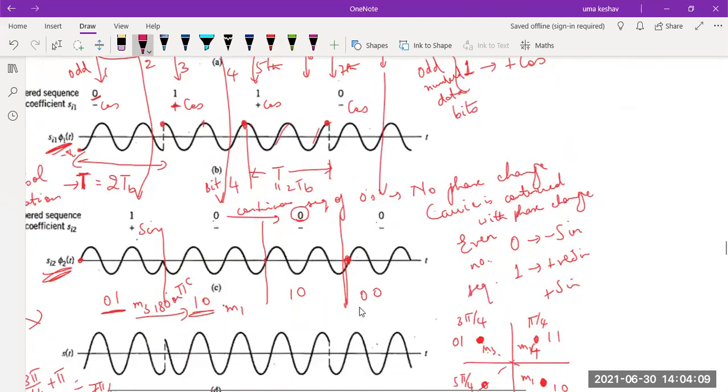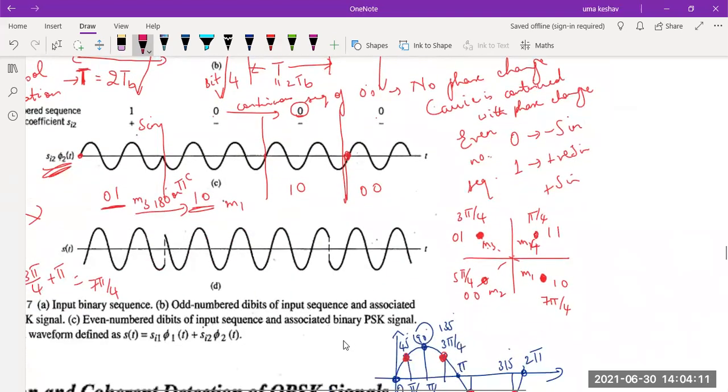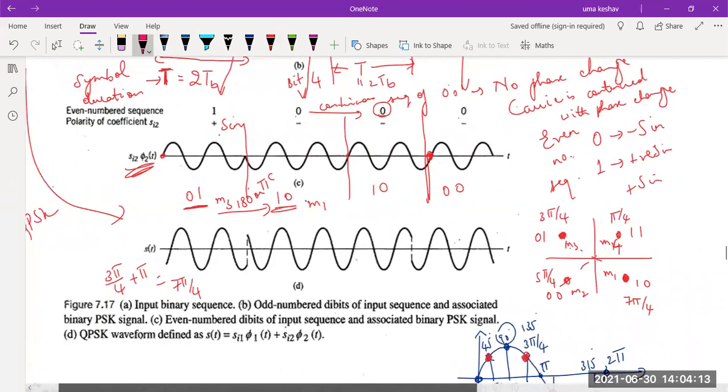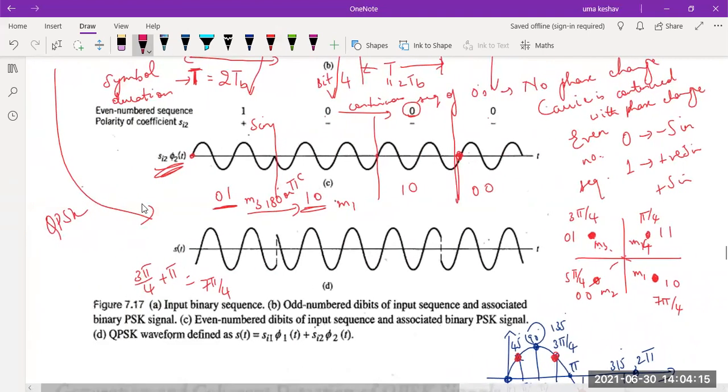So now again, we'll come back to this waveform and try to complete it. As I was telling you, for the first case, to represent 0, 1, I should write a carrier waveform which has the phase 7 pi by 4. That means it is 315 degrees.